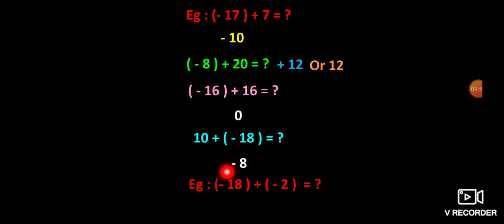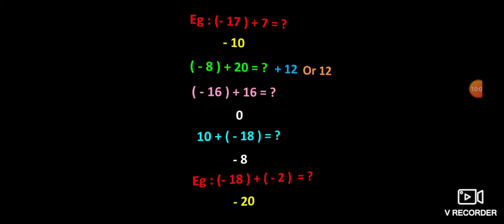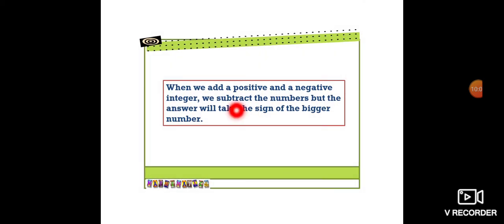If both numbers have a negative sign, we add the numbers and put the negative sign. 18 plus 2, 20, and put the negative sign. Answer is minus 20. So, when we add a positive and negative integer, we subtract the numbers, but the answer will take the sign of the bigger number.